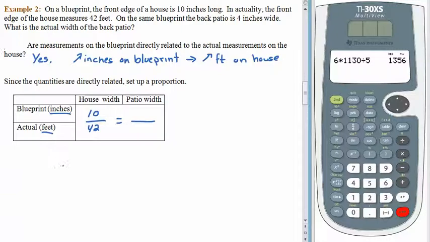The back patio is 4 inches on the blueprint, and I don't know how many feet wide it is in reality. So now we have a proportion set up. And you already know how to solve things like this. So we're not going to take a long time talking about the process, but we'll just go through it like usual. I have a variable in the denominator, and what that means is that we need to multiply both fractions by both denominators.